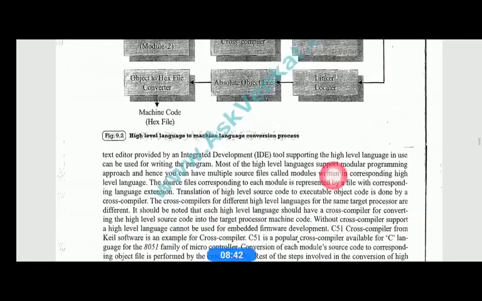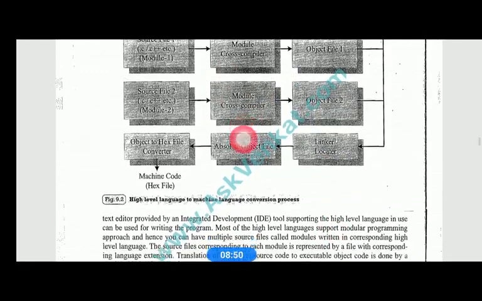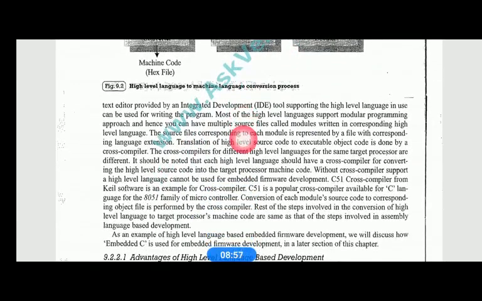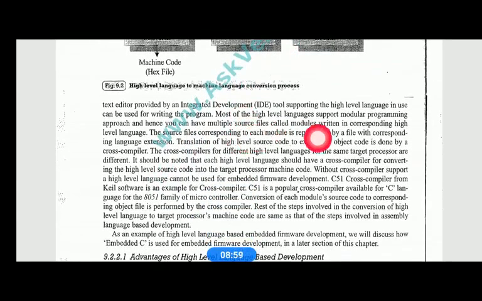It is not the same: for C it is one, for C++ it is different. For example, the C51 cross compiler from Keil software is an example of a cross compiler. C51 is a popular cross compiler available for the C language for the 8051 family of microcontrollers.